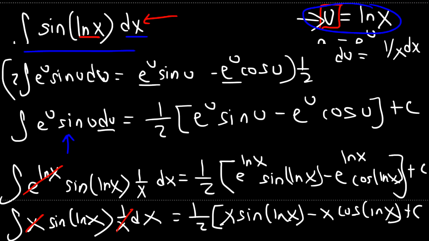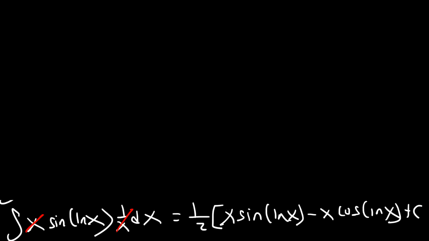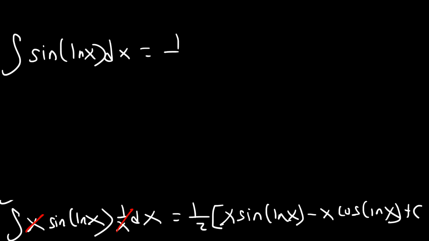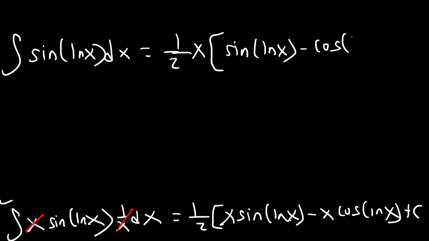I'm going to factor out the x as well. So our final answer, the integral of sine ln x dx, is going to be 1/2 x times sine ln x minus cosine ln x plus c. And so this is it.